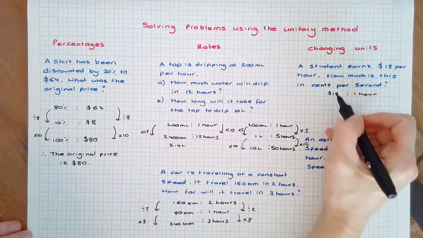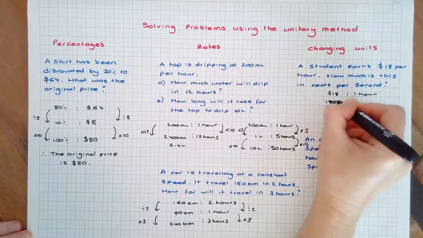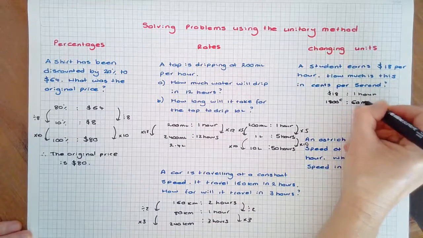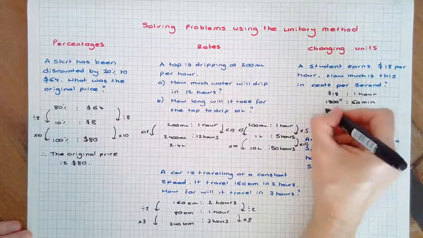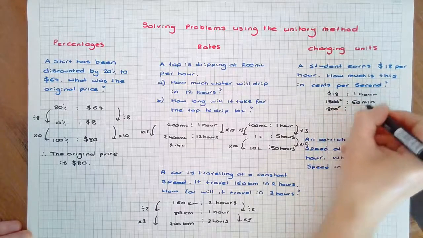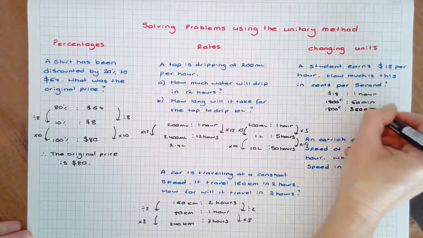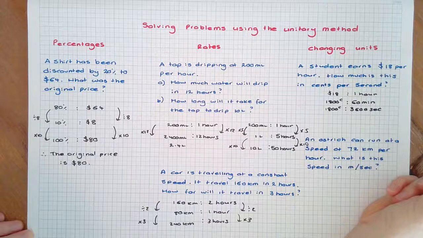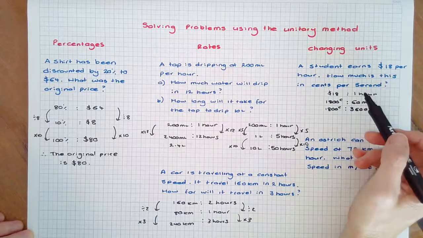First of all, let's change the $18 to cents. That would be 1,800 cents, and 1 hour would represent 60 minutes. Now we need to get to seconds, so we can then go 1,800 cents to 60 times 60 is 3,600 seconds, because there's 60 seconds in 1 minute. Now we need to get down to our per second, which is a unit of a second.